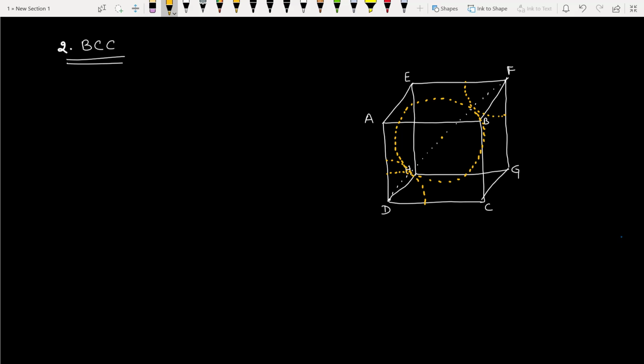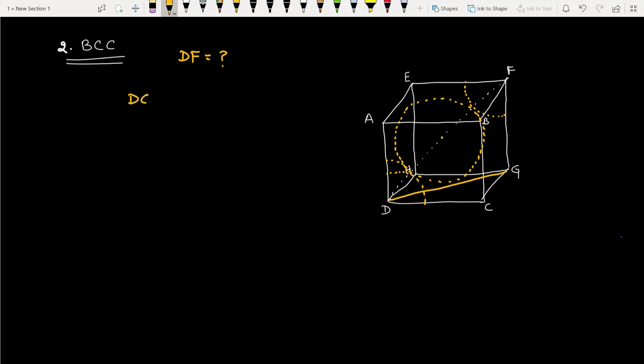Firstly, we try to find the body diagonal DF. So we need the length DF. For that, we join DG.